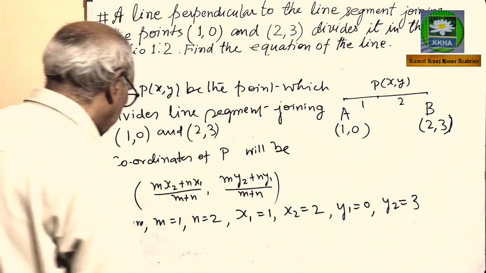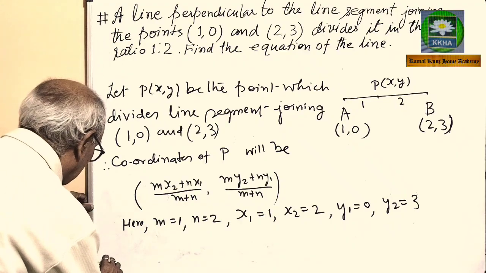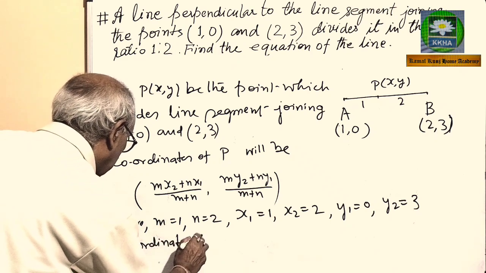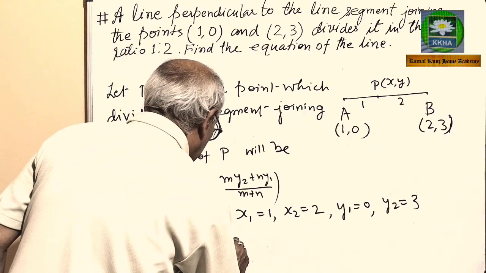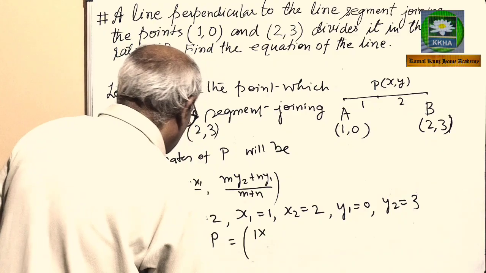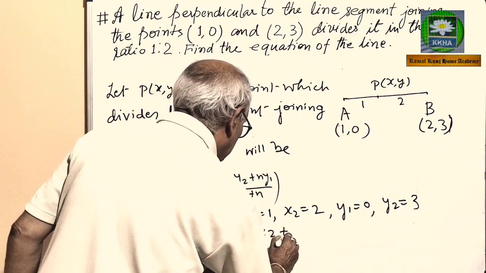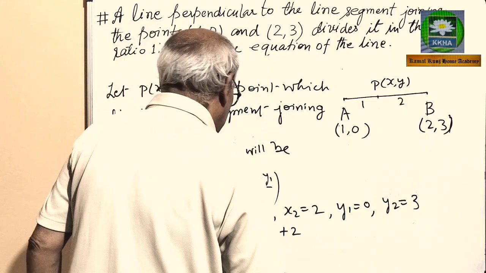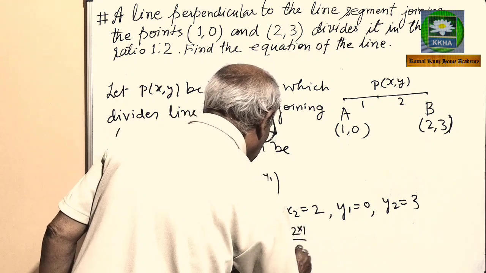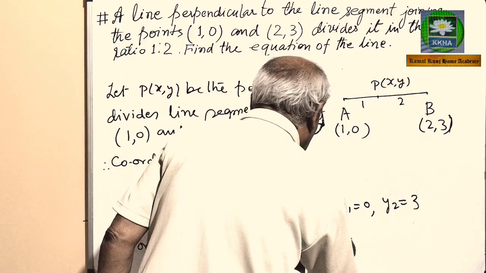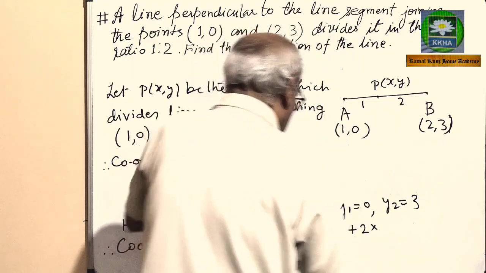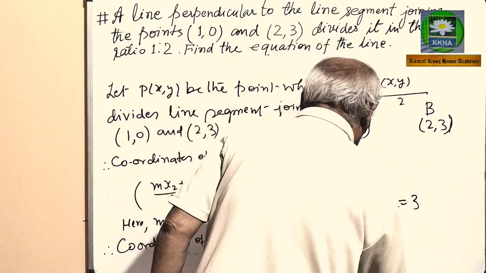Now putting these values in, we get the coordinates of P as: 1 into x2, which is 2, plus 2 into x1, which is 1, divided by 1 plus 2, and 1 into y2, which is 3, plus 2 into y1, which is 0, divided by 1 plus 2.